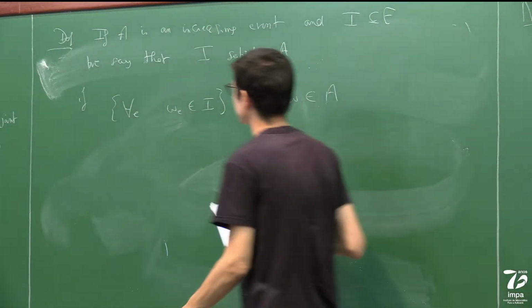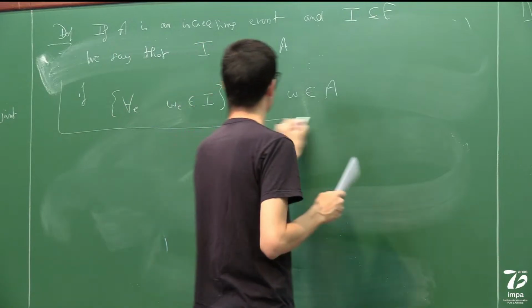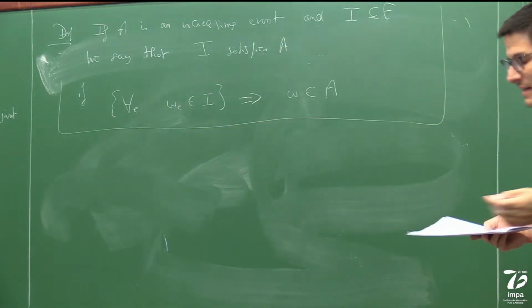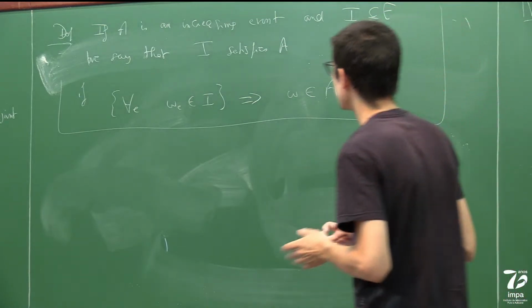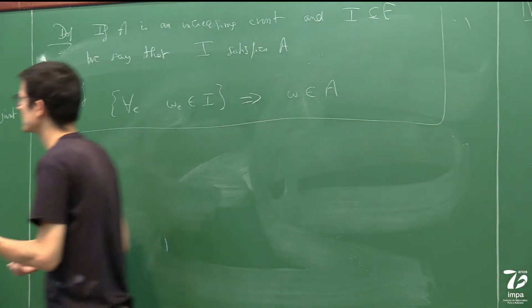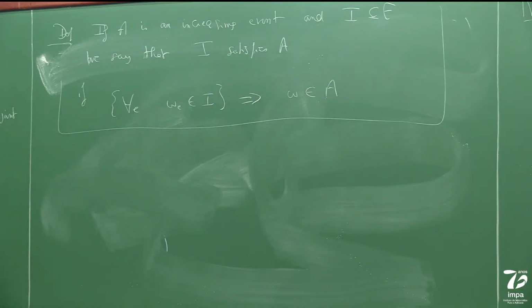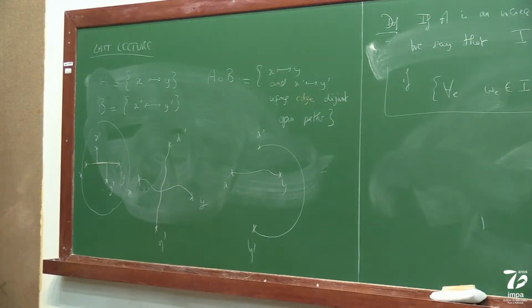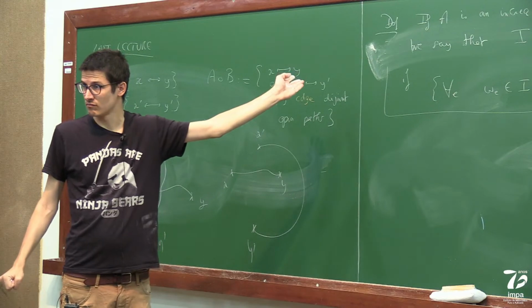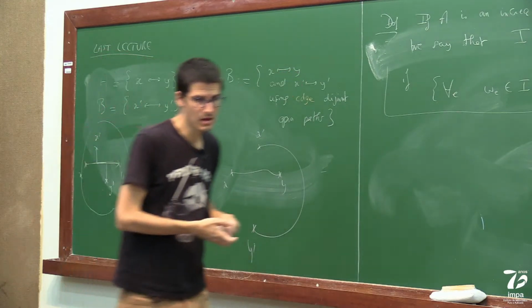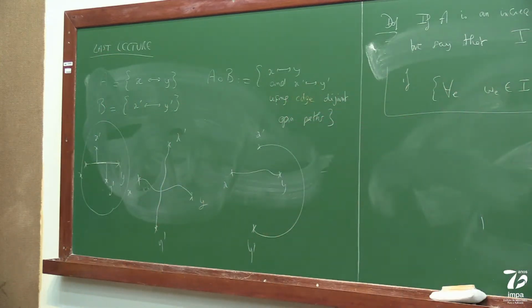An example is: if A is the event x is linked to y, and I is a set of edges that contains a path linking x to y, then I satisfies A.